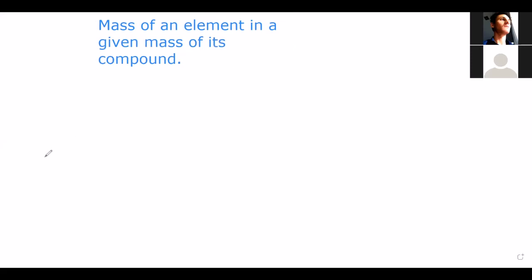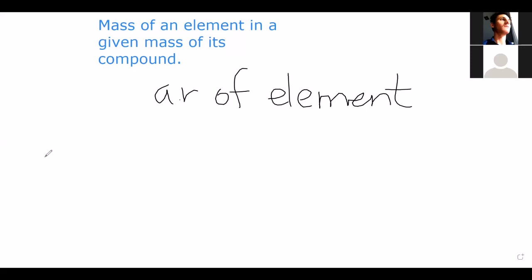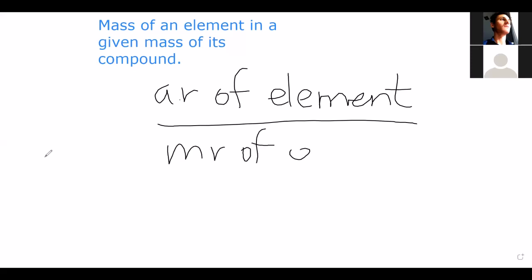For this, the formula is AR of the element or mass of the element upon MR of the compound into given mass of the compound.